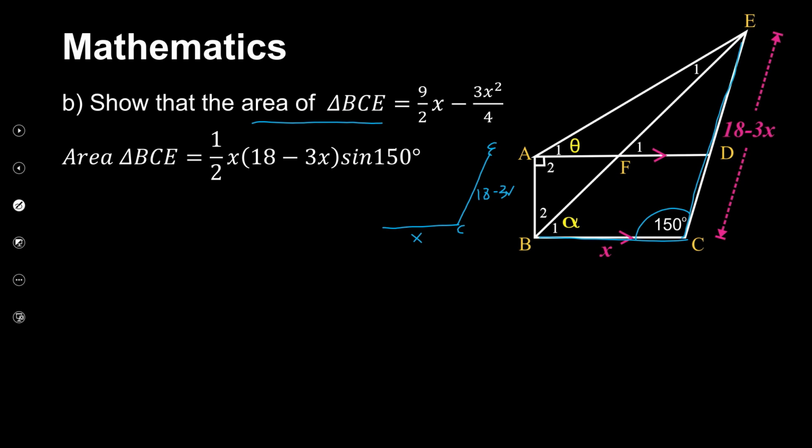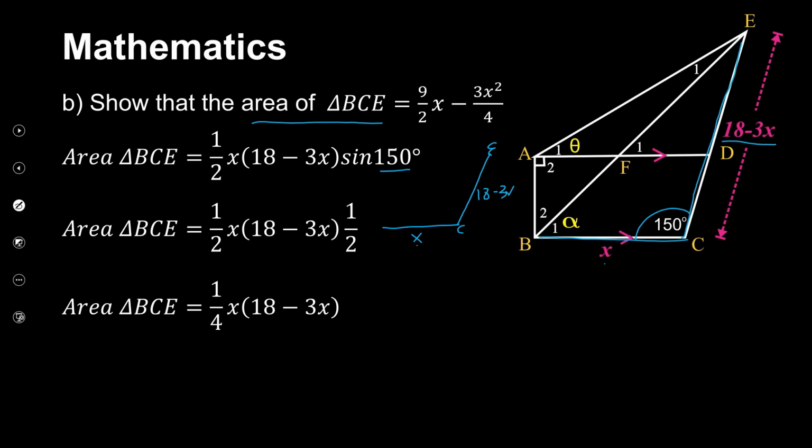Area is equal to half times x, so x times 18 minus 3x, times the sine of the angle in between, which is 150 degrees. We're going to put in all the numbers, do some algebra and use our calculator. Sine of 150 is a half, so first multiply half times a half.